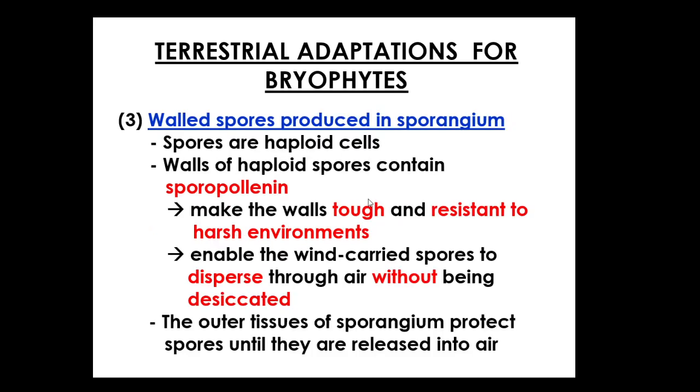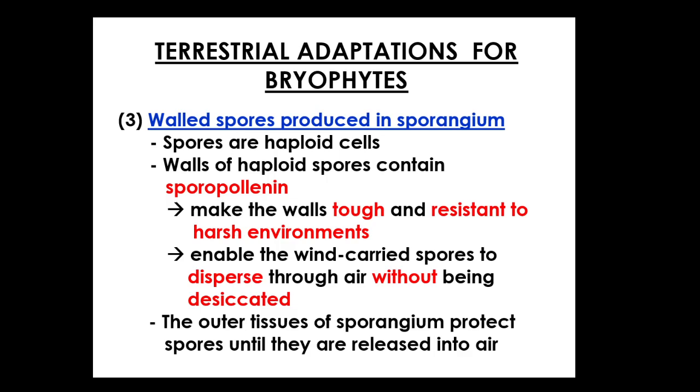The third terrestrial adaptation is that bryophytes have walled spores produced in sporangium. So spores are the haploid cells, and the walls of the haploid spores contain sporopollenin. So these haploid spores have sporopollenin. Sporopollenin make the walls tough and resistant to harsh environments.